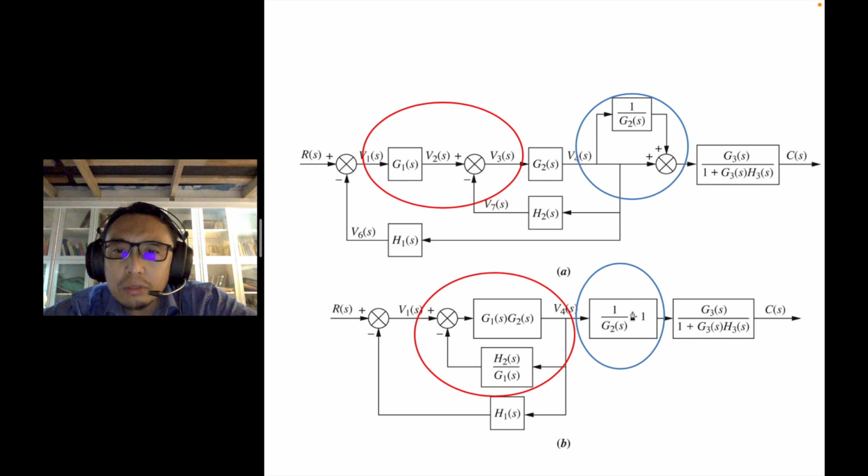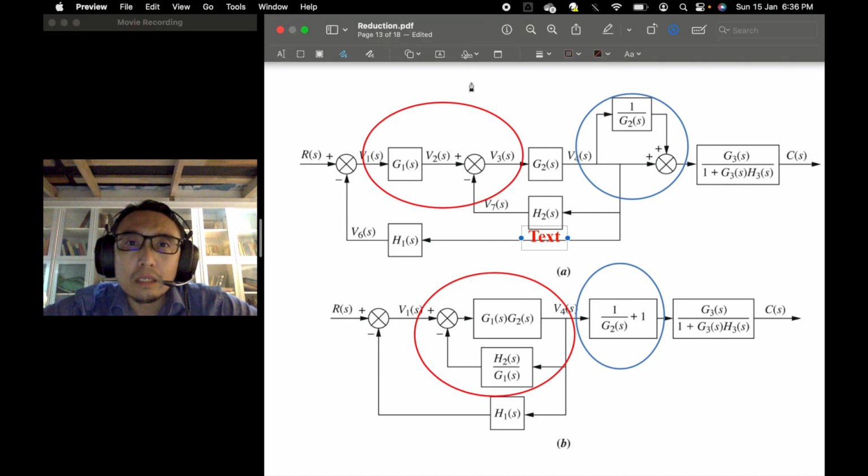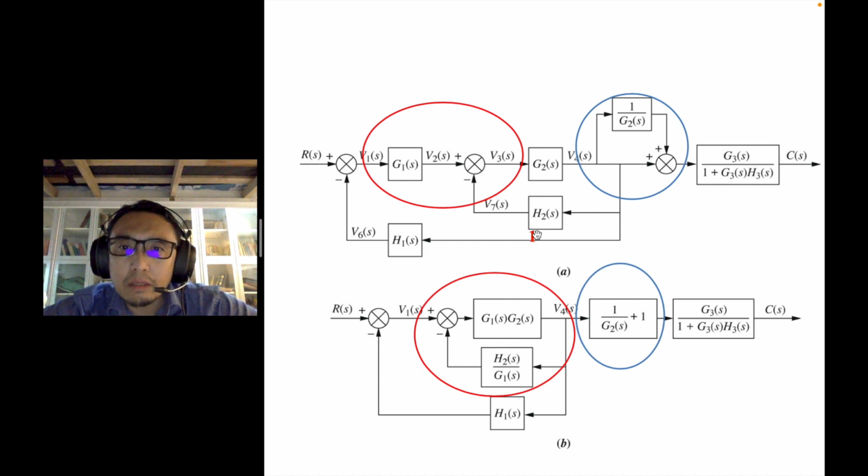This is parallel, so this one is easy, 1 over G2. This is 1 here, right? That's just 1. So this is 1 over G2, this is 1, so then you have 1 over G2 plus 1. Okay, that's parallel form, that's easy.